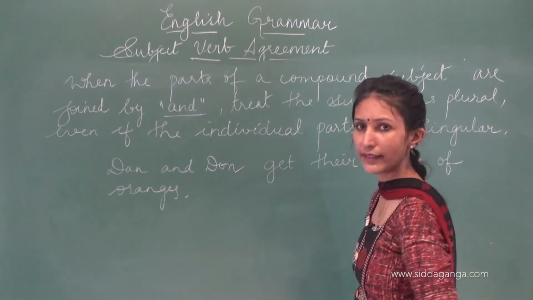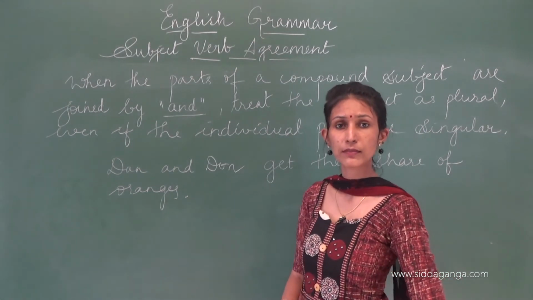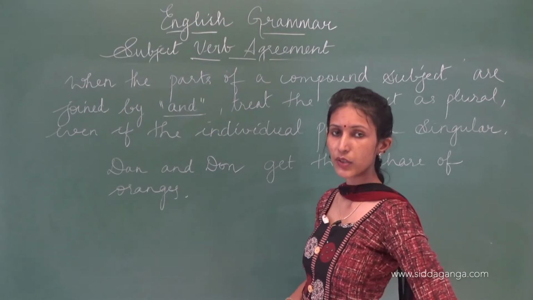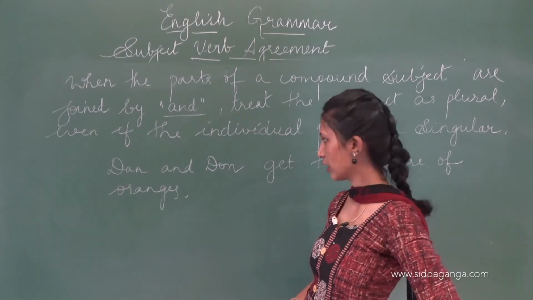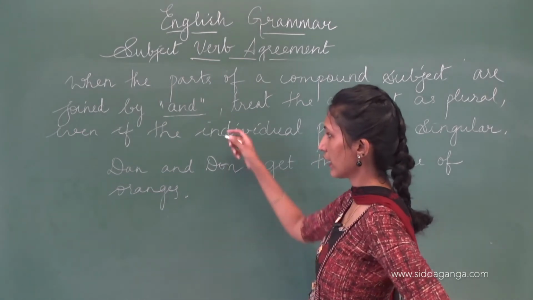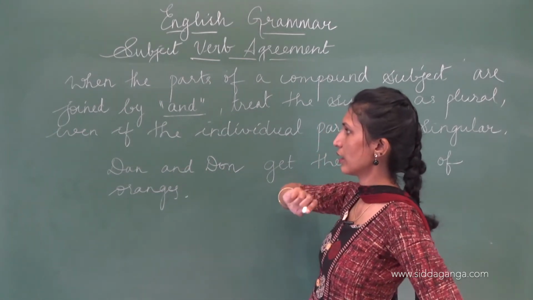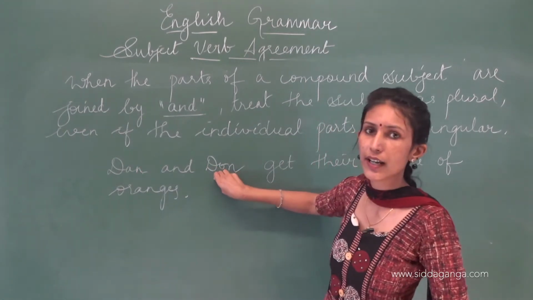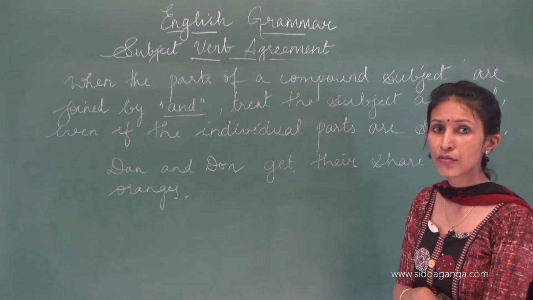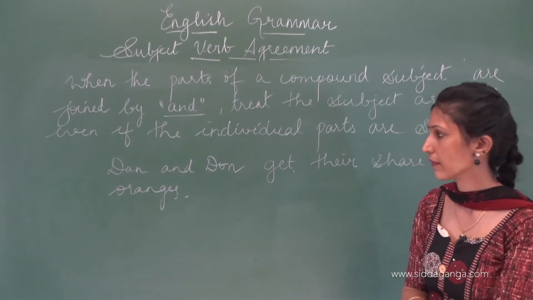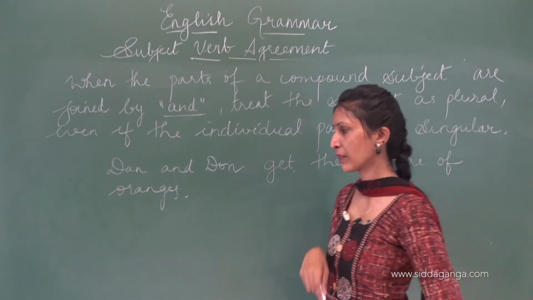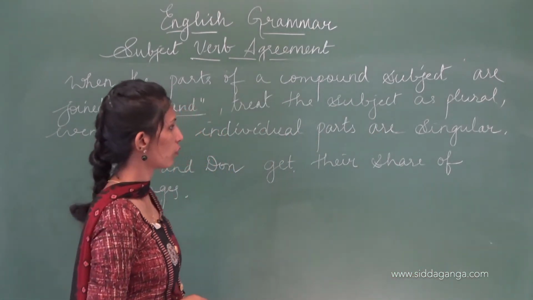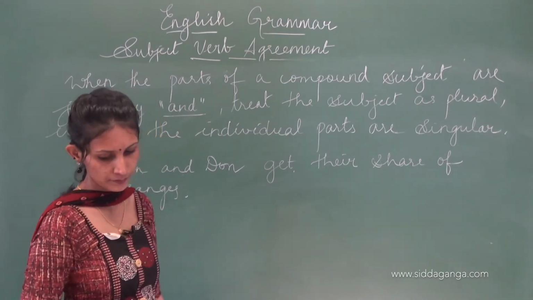Now, Dan and Dawn are two people. We took it as plural, isn't it? We understand it as plural because two are there. But when it is joined by and, even if it is plural, you treat them as singular, and when it comes to the verb here, you minus. Okay? Not gets. Get. Okay? Get. So this is one way of knowing it.